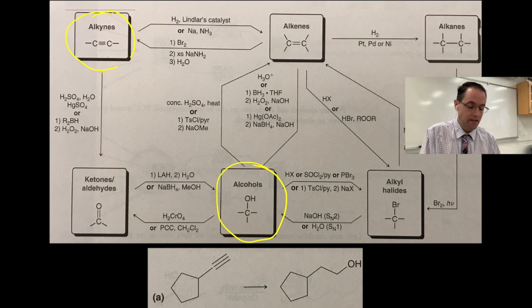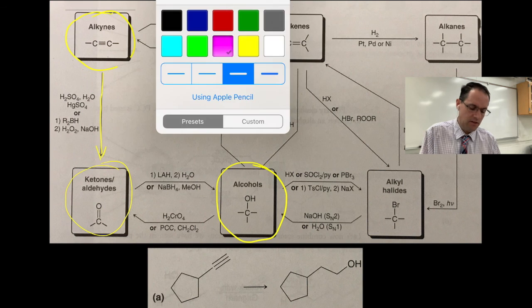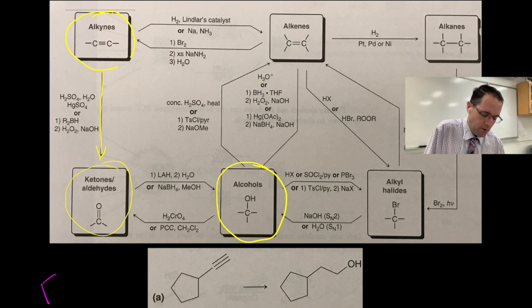Let's think about how we could change this alkyne to maybe a ketone or an aldehyde, and go from a ketone or an aldehyde to the alcohol. So I'm going to change this alkyne to an aldehyde. The aldehyde I want to make looks like this.